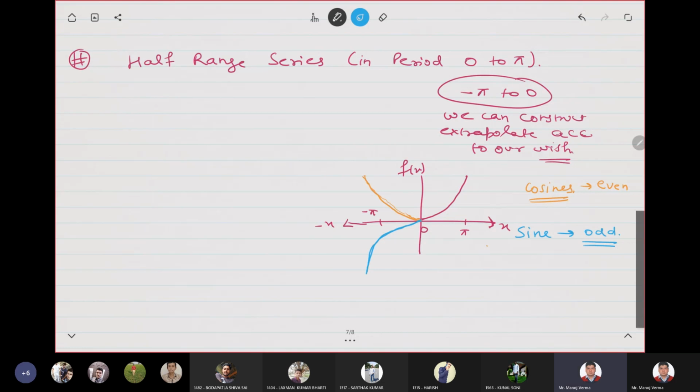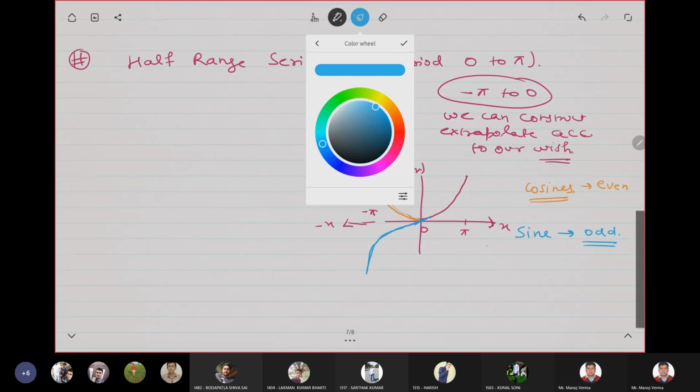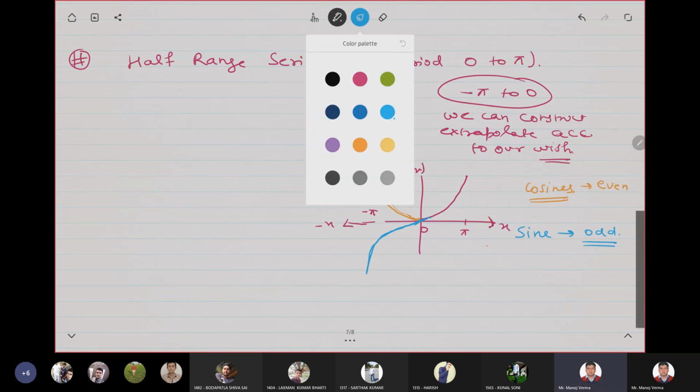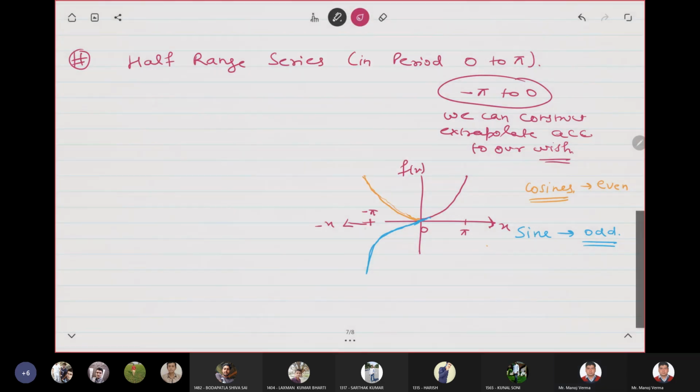Now you can see that if a function is defined only in the range 0 to pi, then according to our wish we can define it such that if the function is odd, then the Fourier series expansion will be only in the sine terms. While if we define the function as an even function, then the Fourier series expansion will contain only the cosine terms.